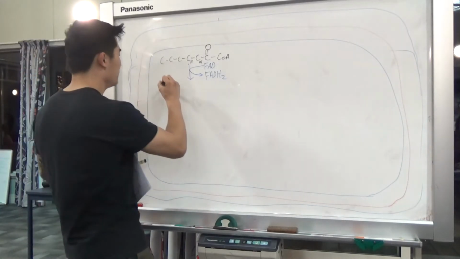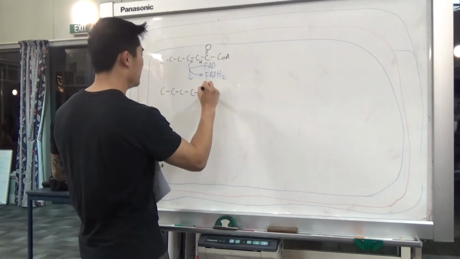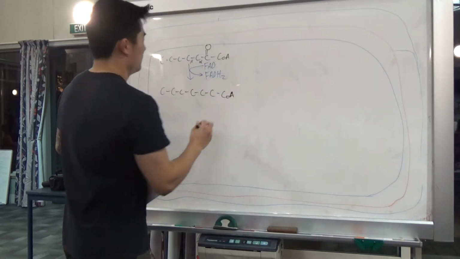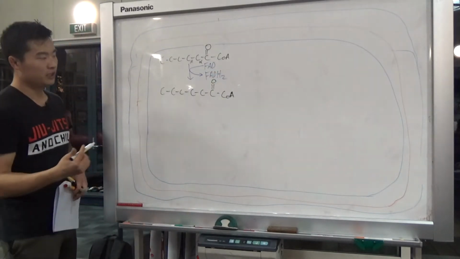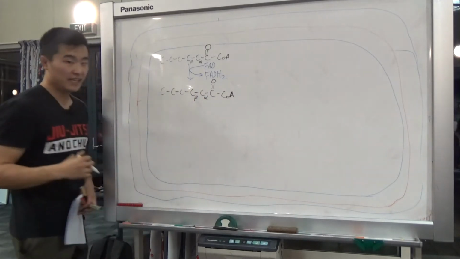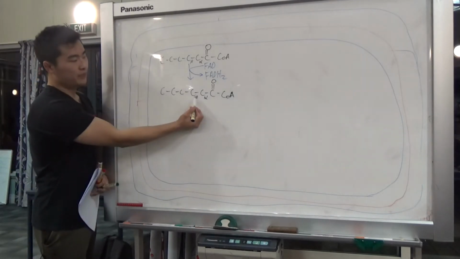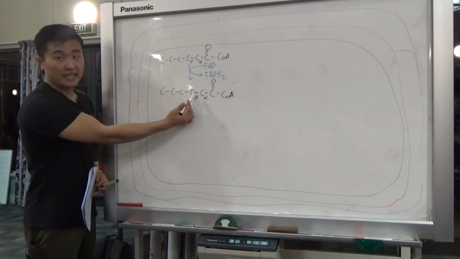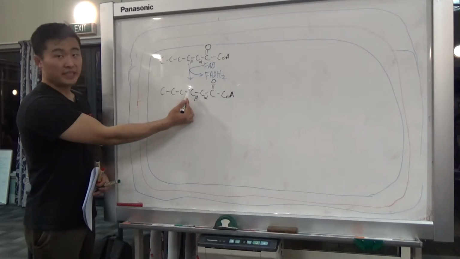So again, we're going to draw our 6-carbon molecule, 1, 2, 3, 4, 5, 6, attached to CoA. The first carbon has a double bonded O. This is our alpha carbon, our beta carbon. Between the alpha and the beta carbon, we've taken electrons away from the beta carbon.